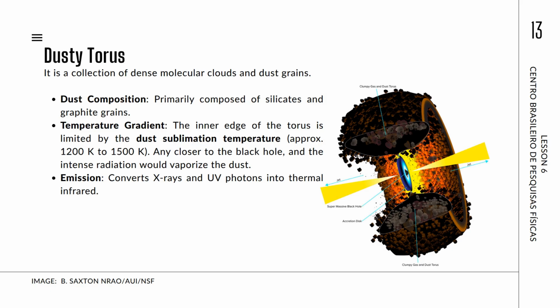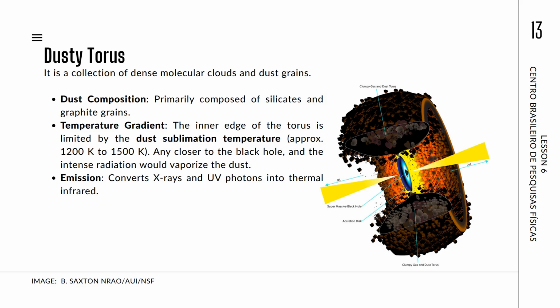Let me see what I wrote here. Composed mainly of silicates and graphite. Okay, this is very interesting. The inner edge of the torus is limited by a physical reason. It cannot come closer because it will sublimate under the intense radiation coming from the accretion disk.